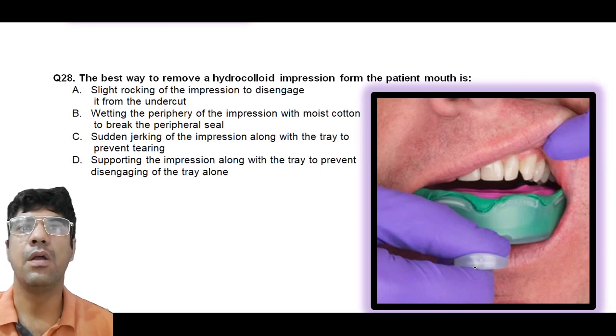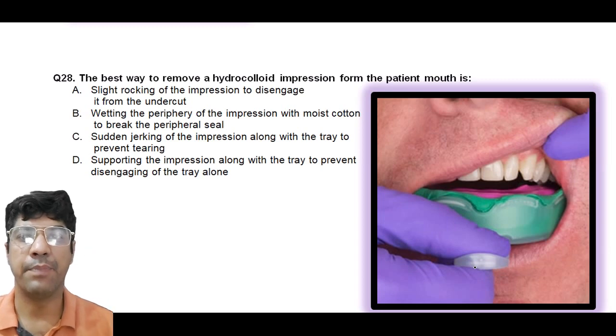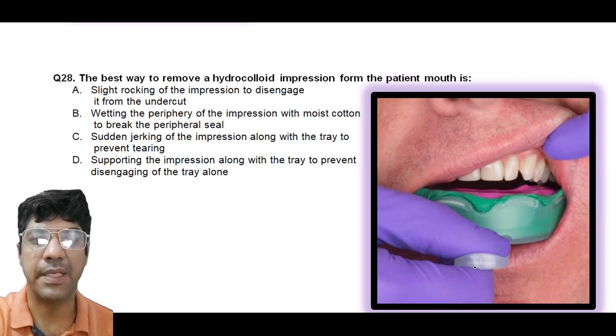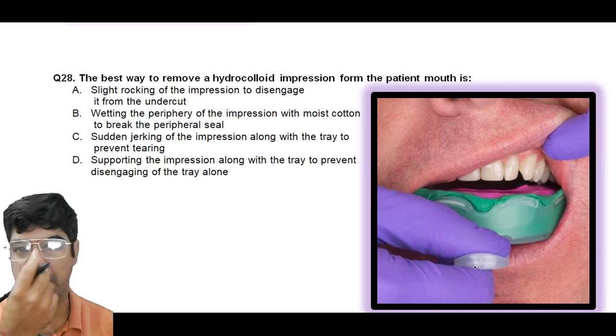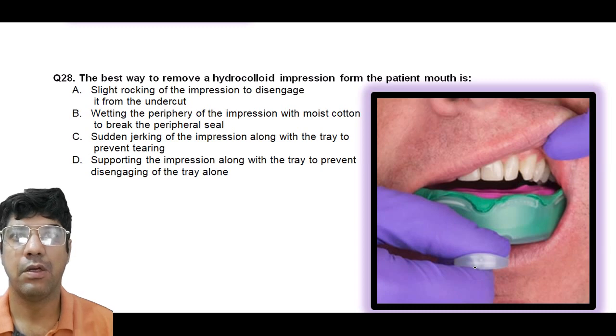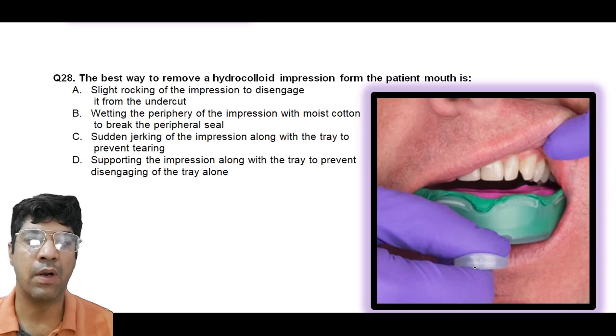Moving to the next question: the best way to remove a hydrocolloid impression from the patient's mouth is? So the best method is rocking the impression slightly, which helps to disengage it from any undercuts in the oral cavity.